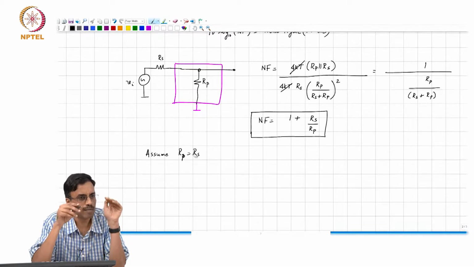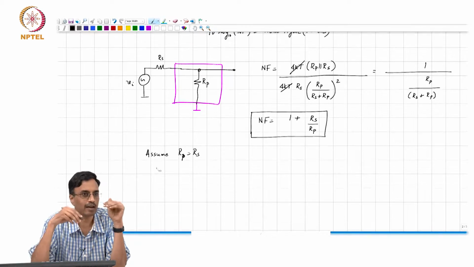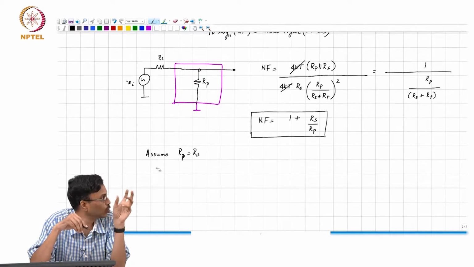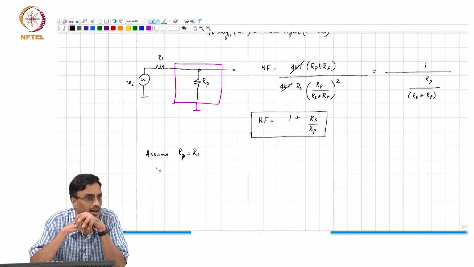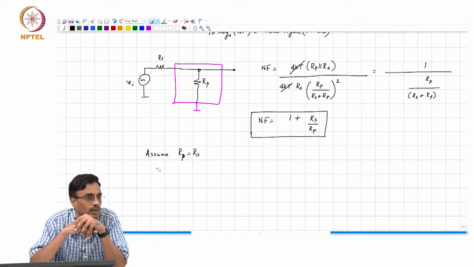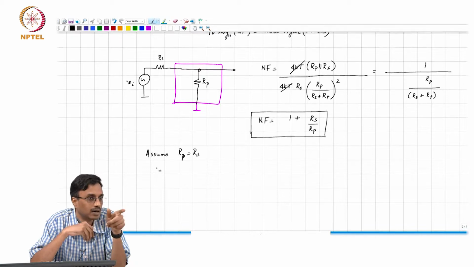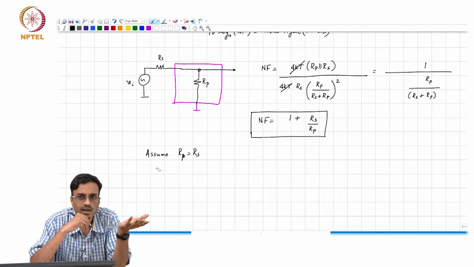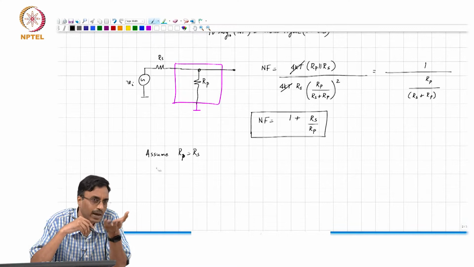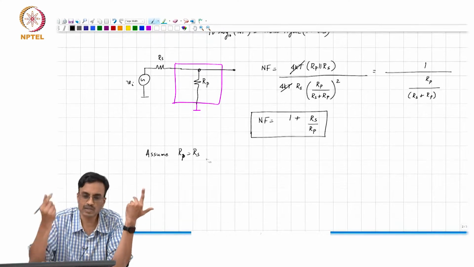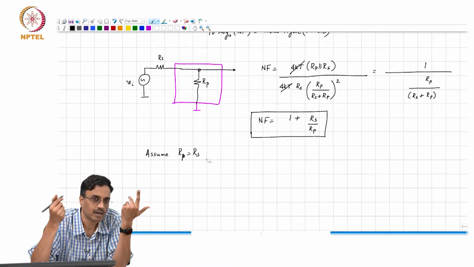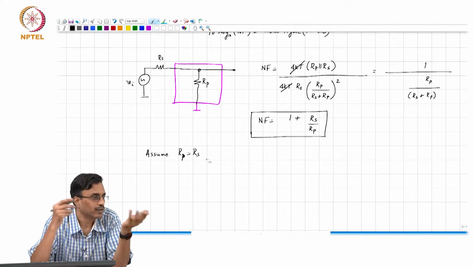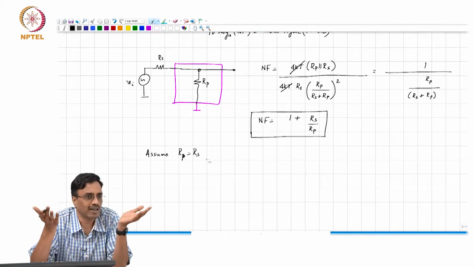So, what comment can we make about the noise spectral density at the output when compared to RP equal to infinity? What comment can we make about the output noise spectral density if RP is equal to RS? It is 4 kT times RS by 2.